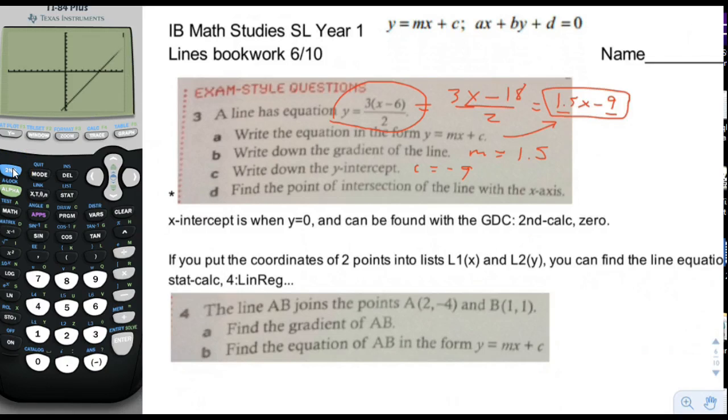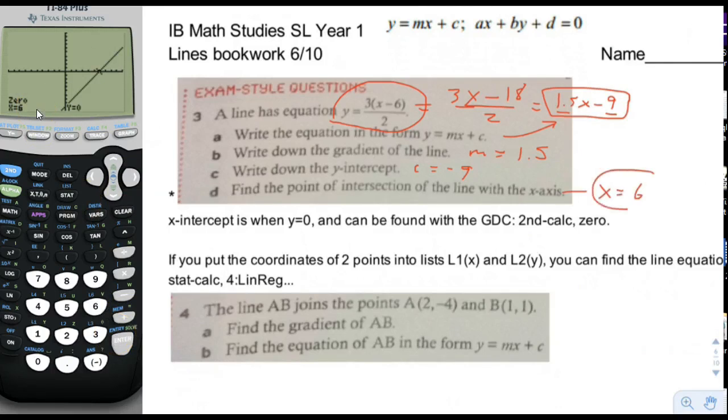And then we're going to go second calc, 0. Left bound. Where's my cursor? There it is. Here's fine. Doesn't really need to be perfect because we only have one intersection anyway. That's my guess. So x equals 6.